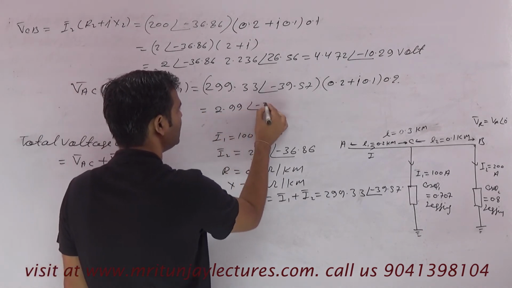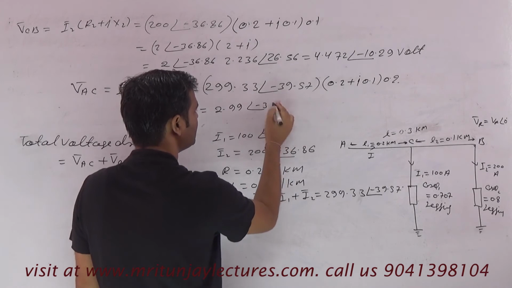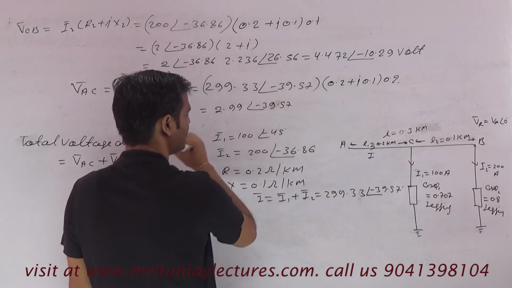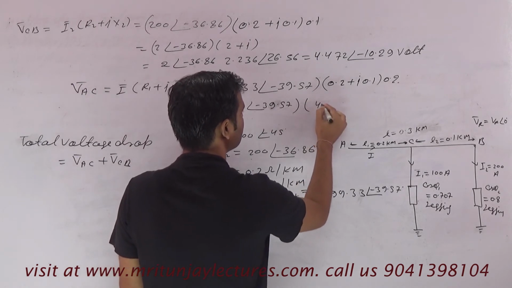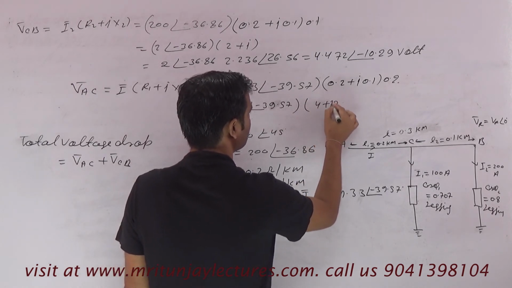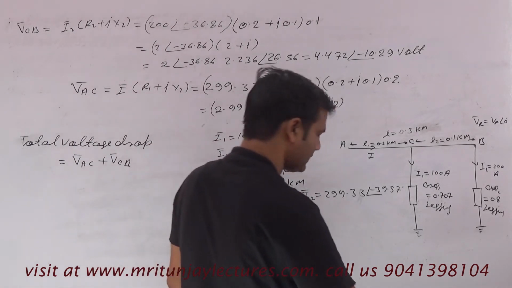2.99 at the angle minus 39.57 into 4 plus 2J. Okay.